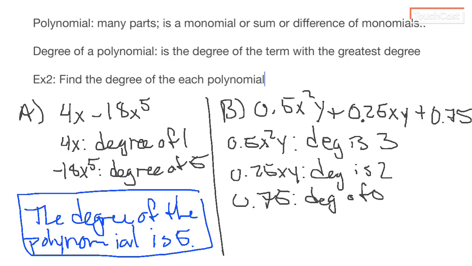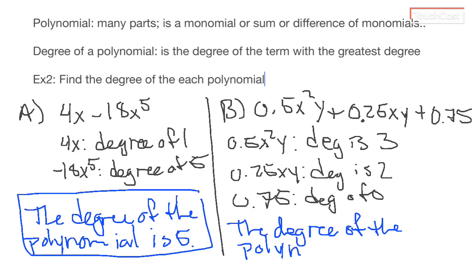So the degree of the polynomial is 3, because that is the higher of the degrees.